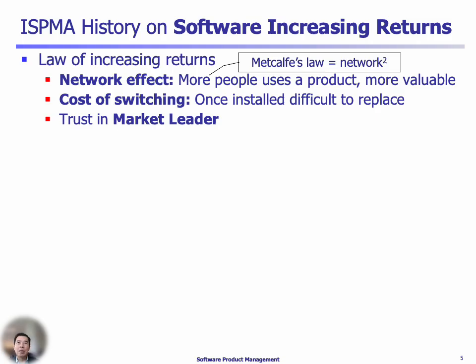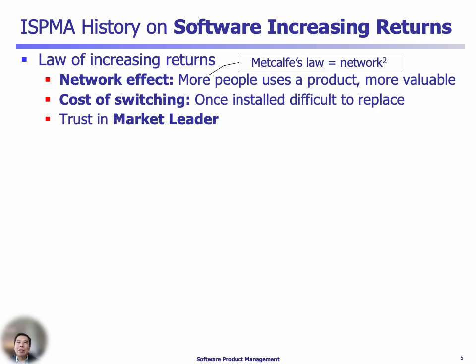The second part is the cost of switching. Once an enterprise or somebody uses your software, they would have learned to use your software. So the knowledge that they have, the barrier to use your software has reduced. By using your onboarding and allowing your system to be easily used, creating value as quickly as possible makes it easier.